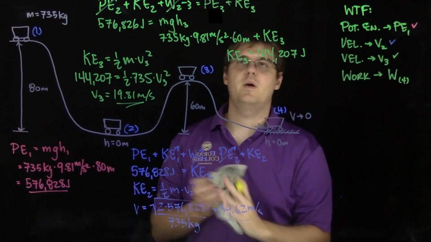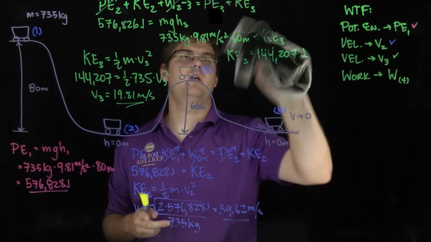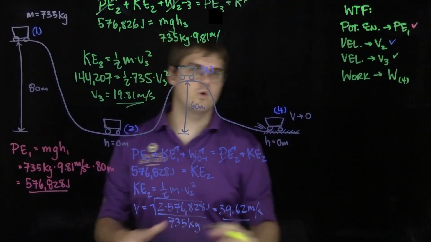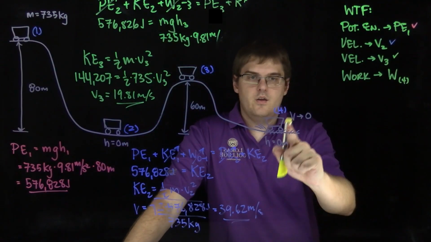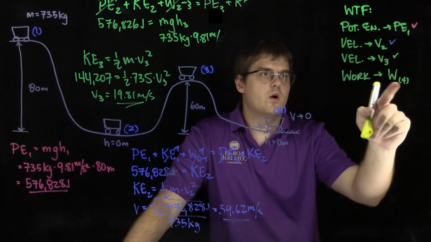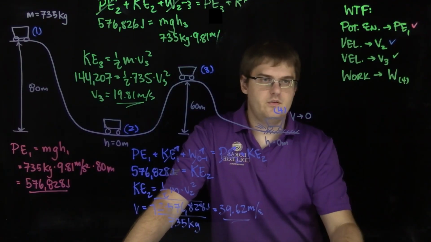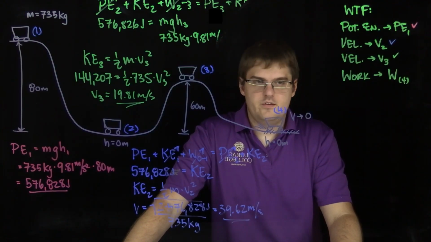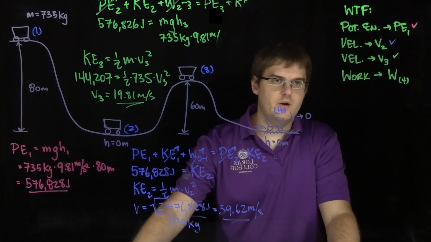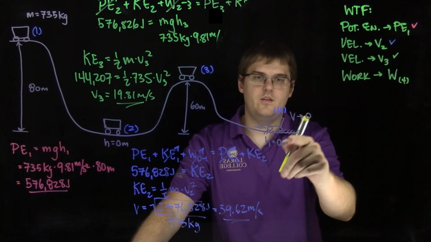And I'm going to give myself a little space here so my face isn't all over the board, covered in words. This guy right here, I want work done by this piece. So for this, I can actually just use my long equation and just solve for whatever the work is in order to get this condition to happen.